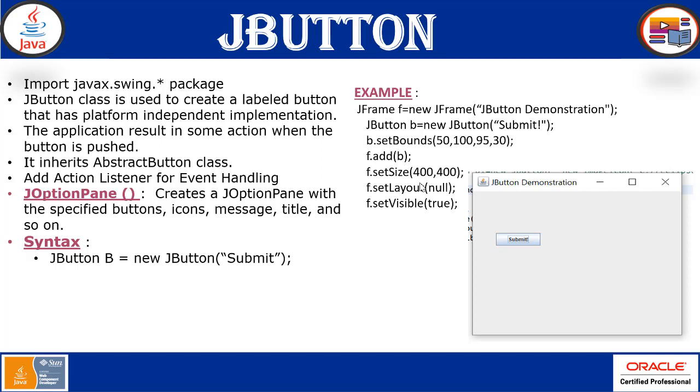JButton is basically a feature you can add to your application for a user interface. For example, if you have a form submission and you enter your first name, last name, date of birth and all the information, the user has to click on the button to submit the form and enter all the data into the database.